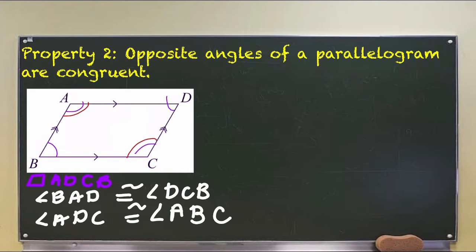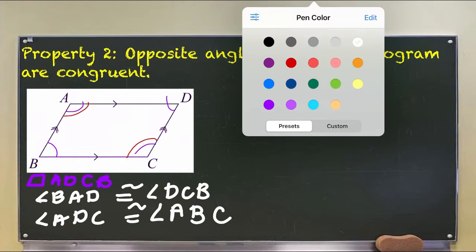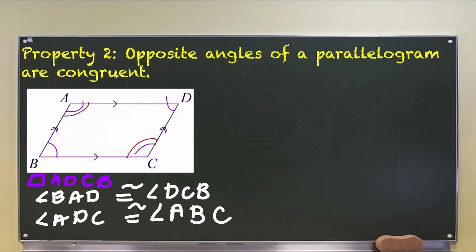Okay, so let us look at this closely. Suppose maglalagay ako ng measure ng angle BAD. So for example, this is 110 degrees. And angle ABC is 70 degrees.